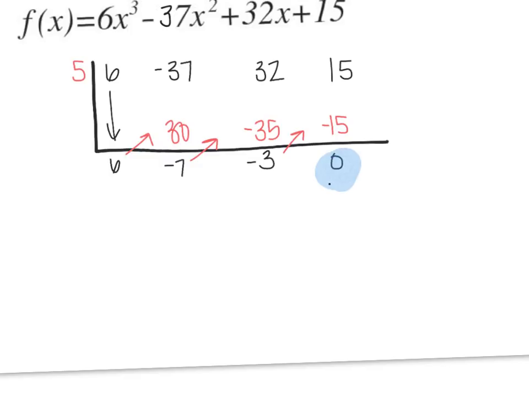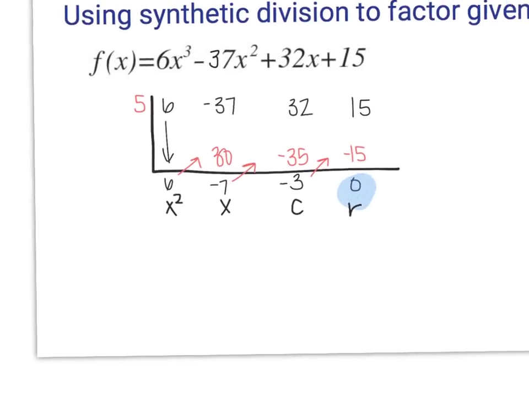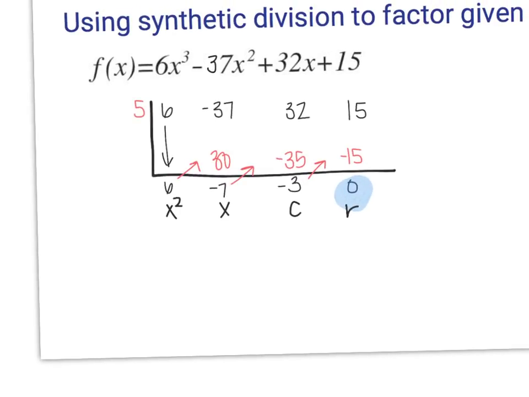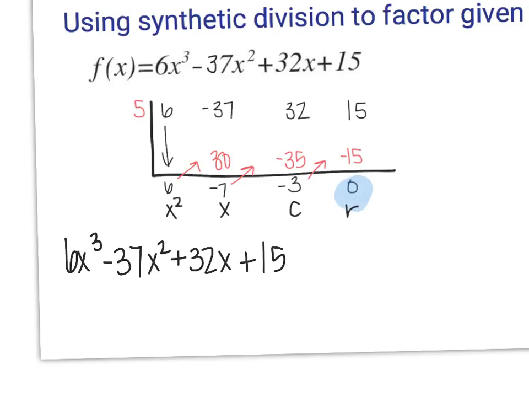Well, this is my remainder, this is my constant, this is x, this is x squared. So applying the division algorithm, so think about what we did with the division algorithm. We can say that 6x cubed minus 37x squared plus 32x plus 15, so my original problem, is equal to x minus 5.